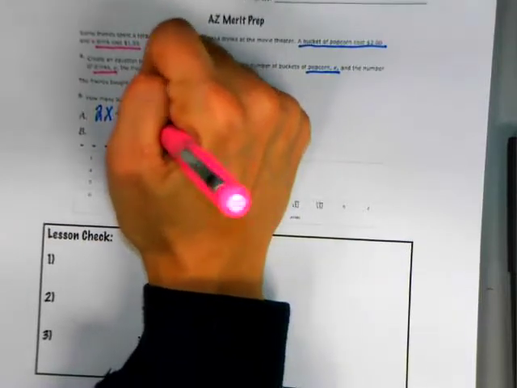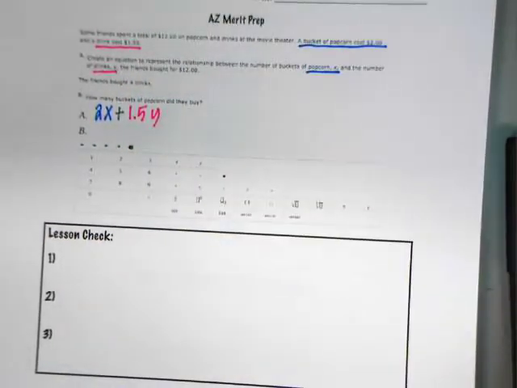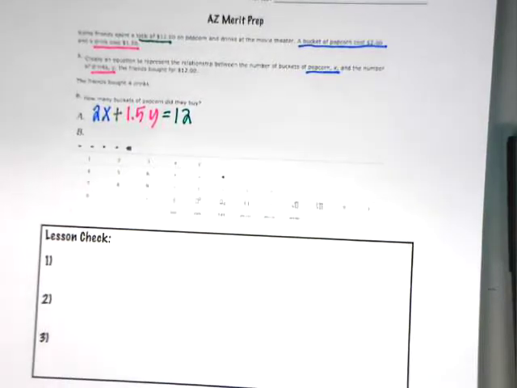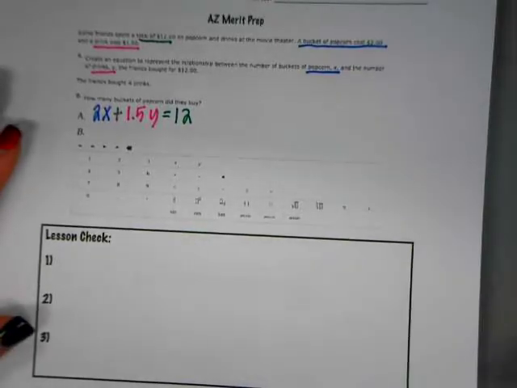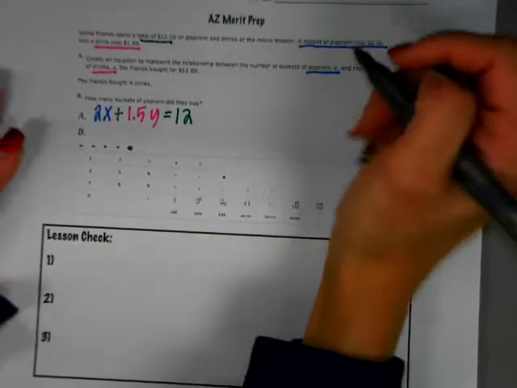Yep, so $1.50 Y. And the total is $12, so you do equals 12. Make sense? Was this supposed to be at one point on the computer? So it's like the PDF of the online test, yeah.